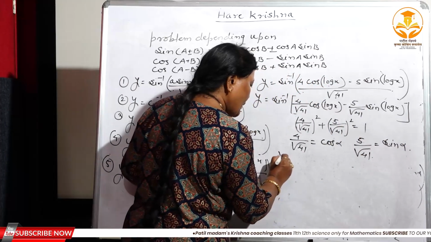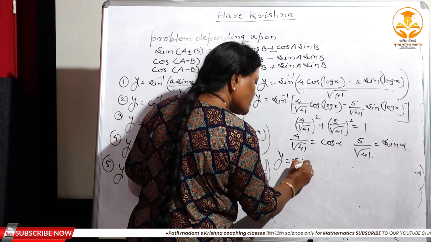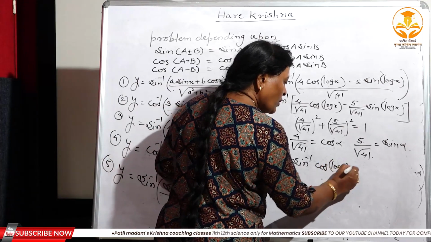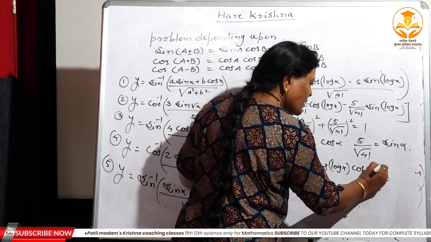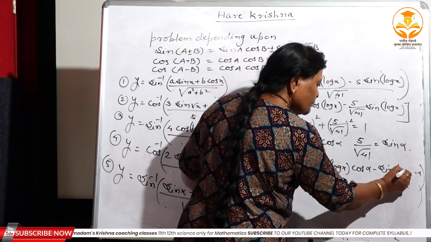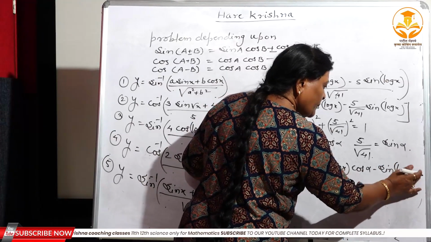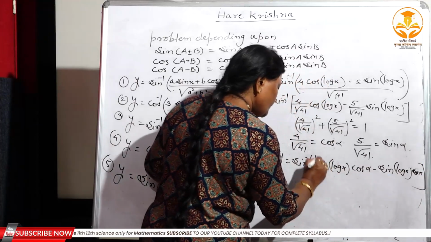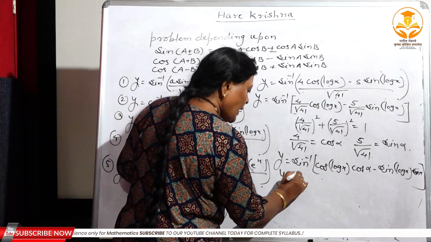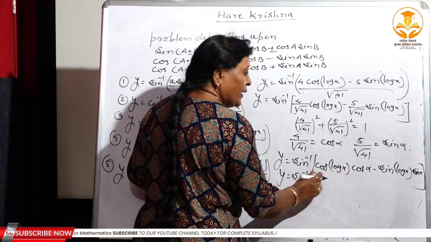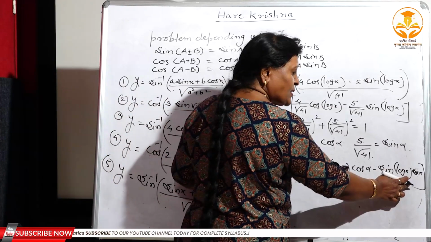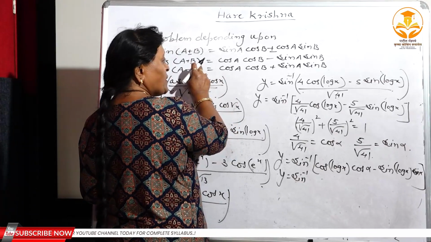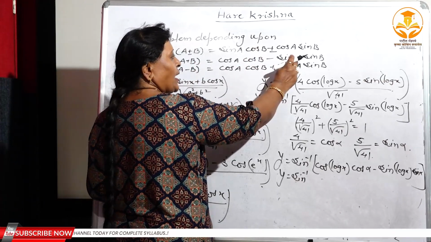Therefore your problem, that is y is equal to sine inverse, say cos log x cos alpha minus sin log x sin alpha. Therefore here sin inverse remains as it is. Again cos a cos b minus sin a sin b.